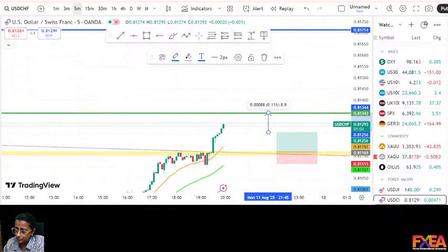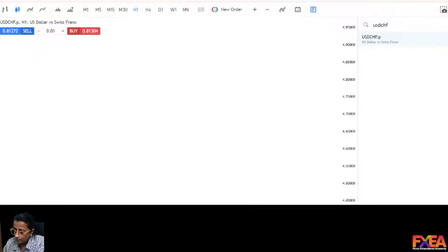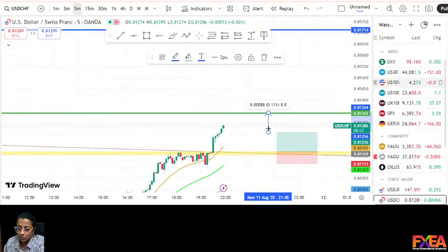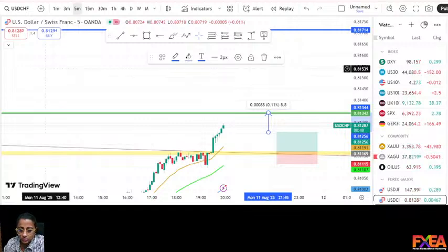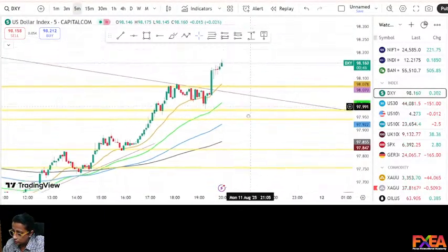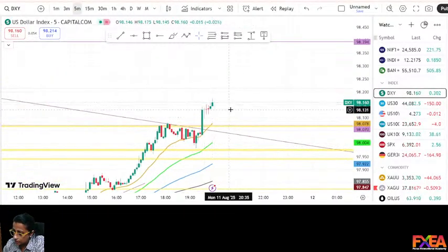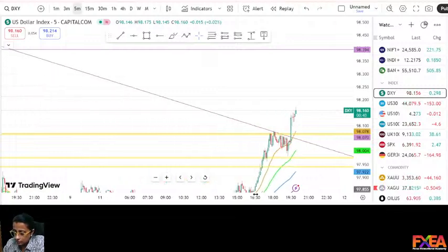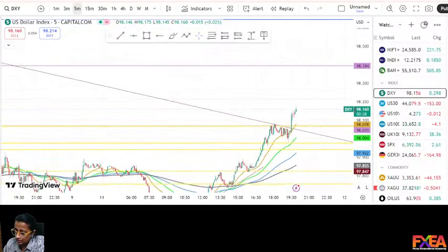It's 1 more minute. Any other doubts? Today, just observe the dollar index. The dollar index is still having some bullishness left because there is some good news coming, right?